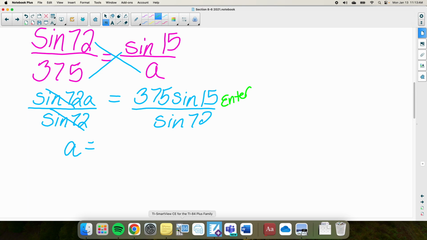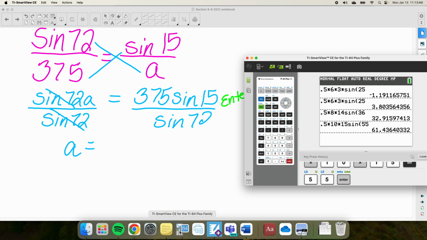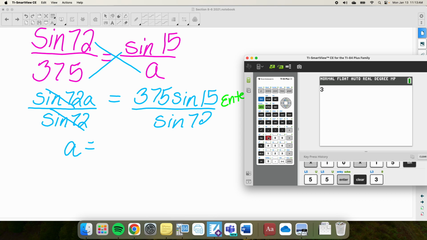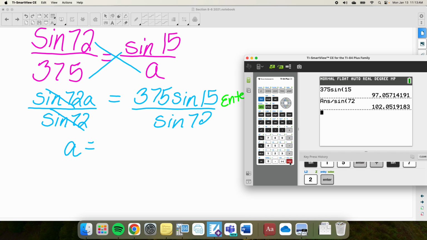So let's go back to our calculator and let's type that in. So I'm going to go 375. You could go times sine of 15 or just sine of 15. But now we're going to hit enter. Then I'm going to divide by sine of 72 and I get 102.05.